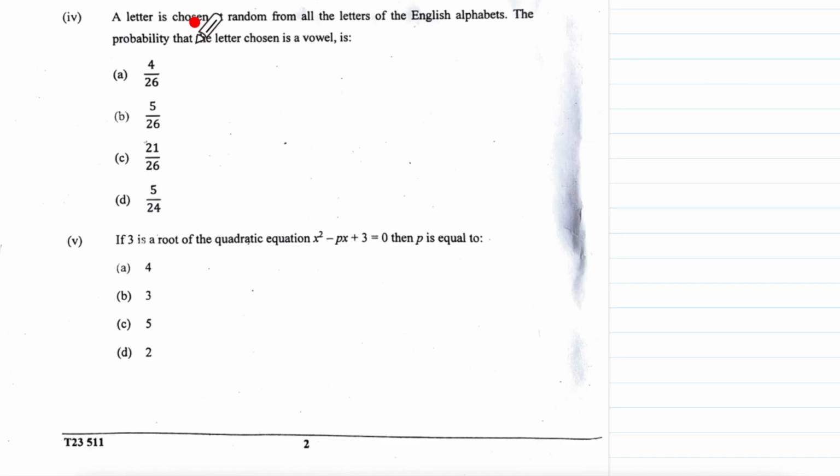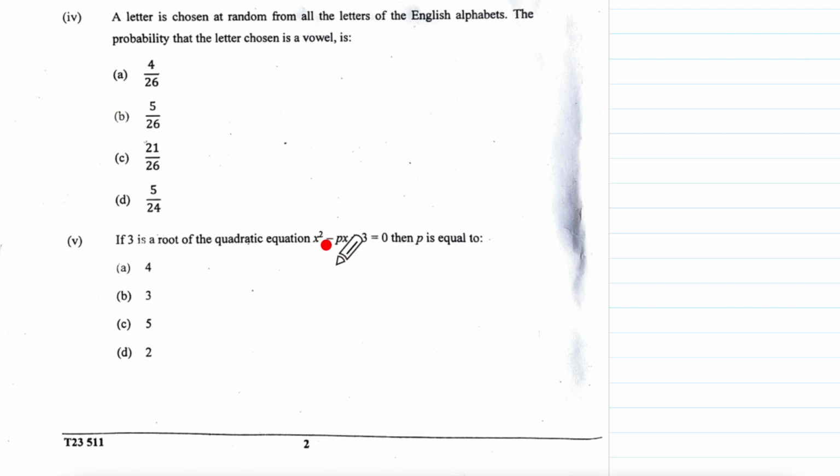Question 4. A letter is chosen at random from all the letters of English alphabet. The probability of the letter chosen is a vowel. Now we know A, E, I, O, U. There are 5 of them. Total number of letters in the English alphabet are 26. So favorable upon total is 5 upon 26, and that is our option B. Let us look at fifth one. 3 is the root of this quadratic equation.